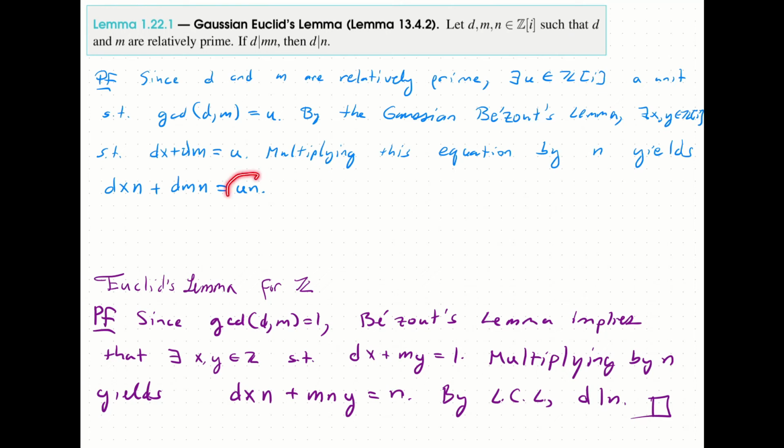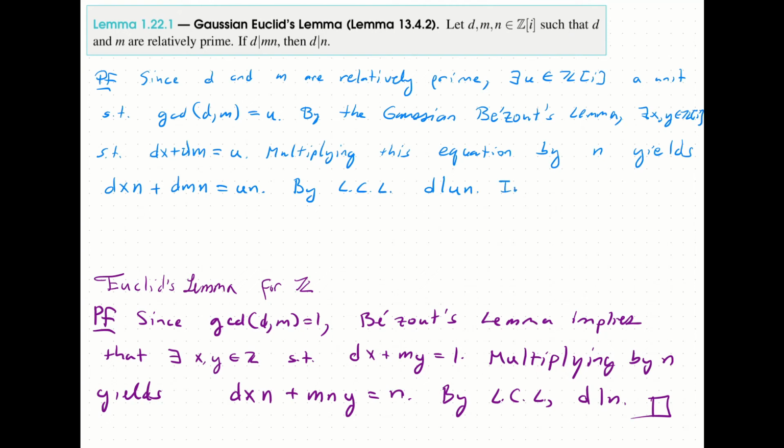We can multiply by u inverse, the multiplicative inverse of u, and get that over here, or we can go directly. And so I'm going to go ahead and do this directly here. And so by linear combination lemma, we have that d divides u times n.